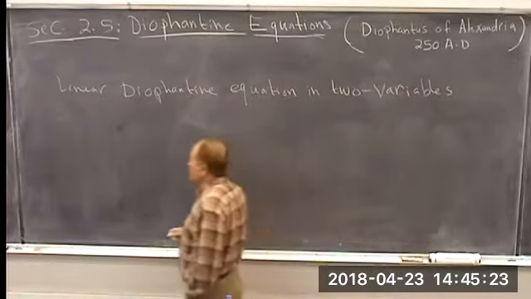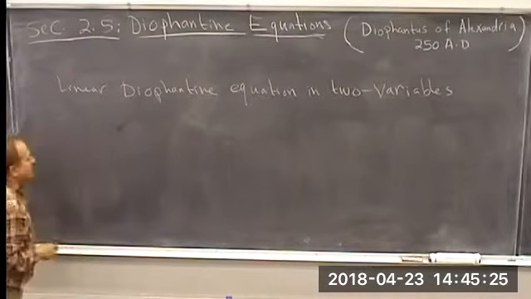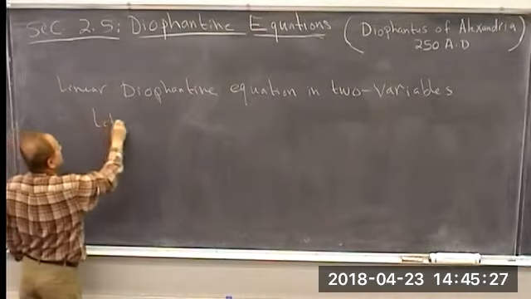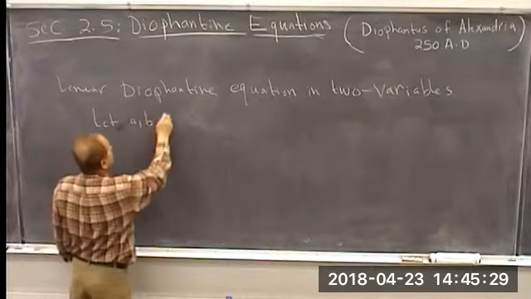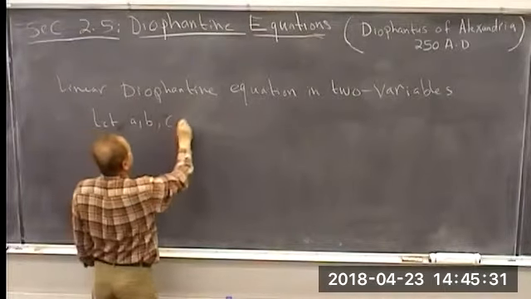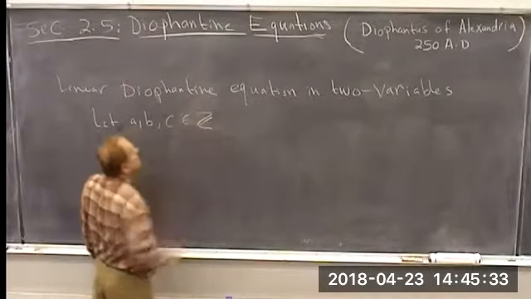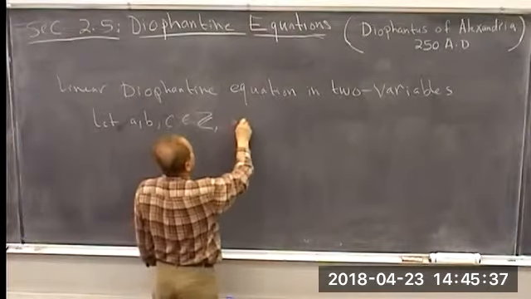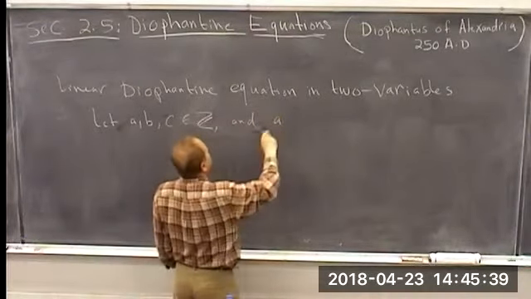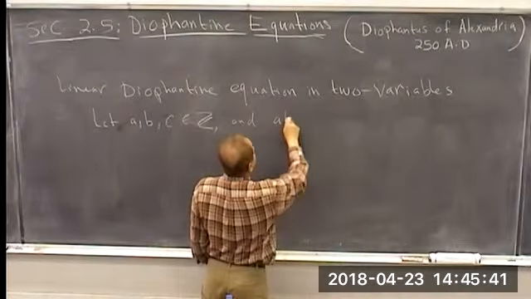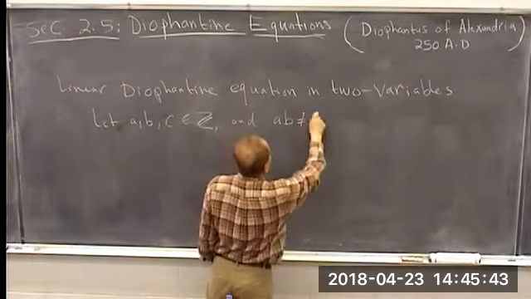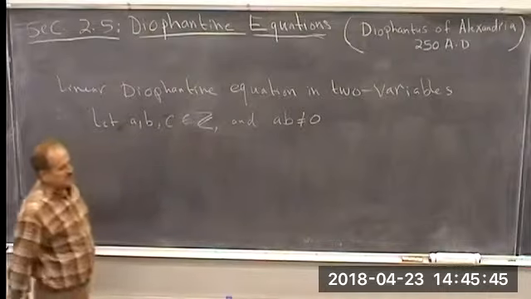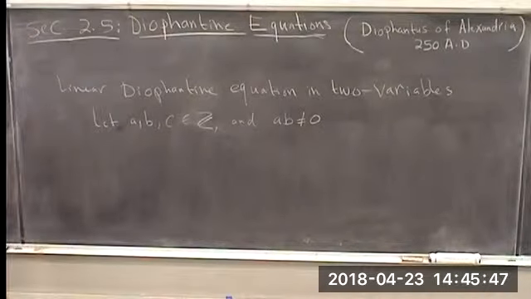And in particular, we are going to look at this with a, b, and c integers, and we don't want a and b to both be equal to 0. So sometimes I set this as ab does not equal 0.